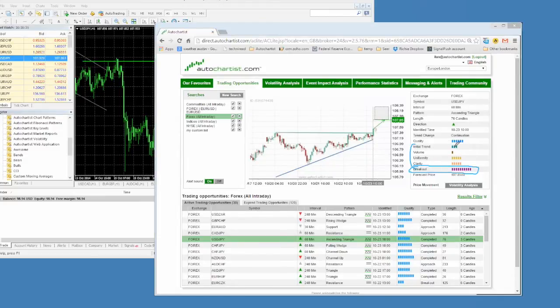These are visual quality indicators which I'm not going to go into right now in this webinar. They need a whole new webinar on their own. But the one I want to focus on specifically with this example is the breakout, and this is one of the ones that I use in my trading.